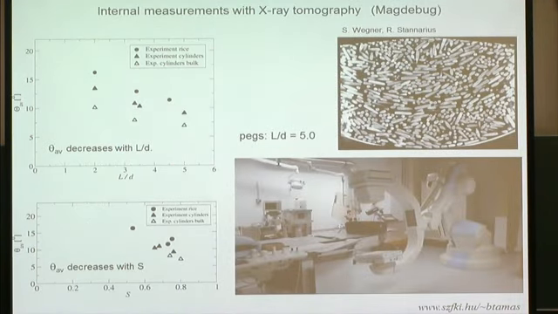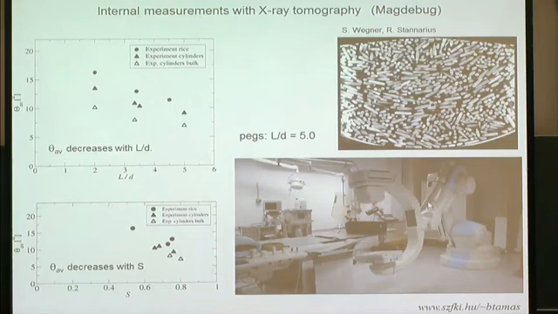And we can also look at what happens inside the sample, because so far I have shown data only from the surface of this material. For this, we used an X-ray tomograph in Magdeburg with Sandra Wegner and Raj Stronarius. And there, of course, we need to have a very slow flow. Actually, we go step by step and take a tomogram by this machine.